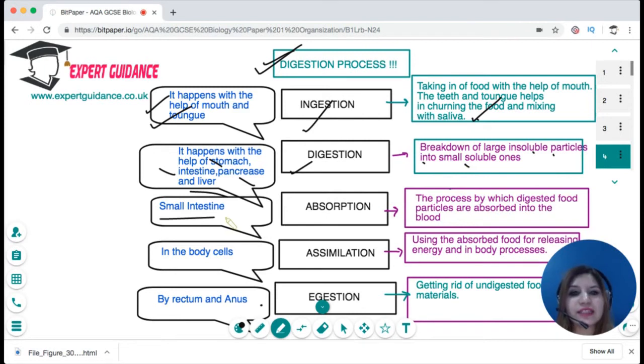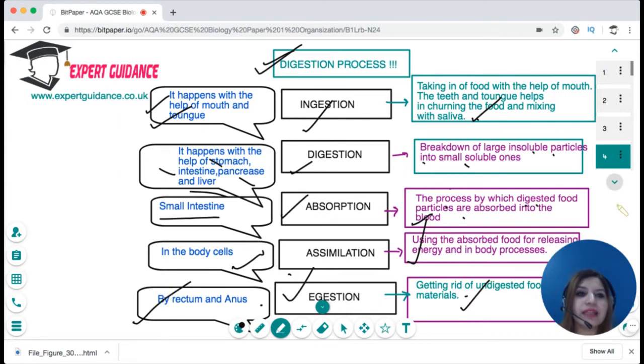Then in the small intestine, absorption. The digested food is absorbed into the blood. Then assimilation happens in the body cells, where this absorbed food is used for the body processes. And there's egestion, which is the getting rid of undigested food material, which happens through the rectum and anus.